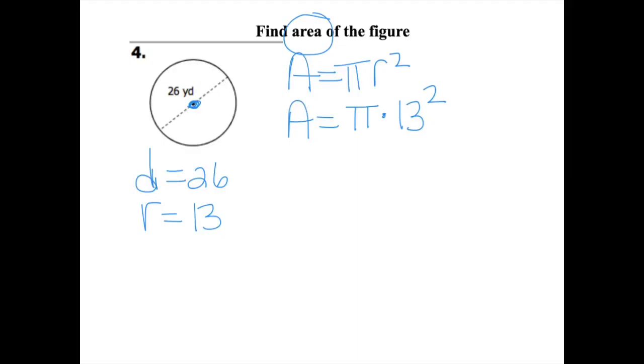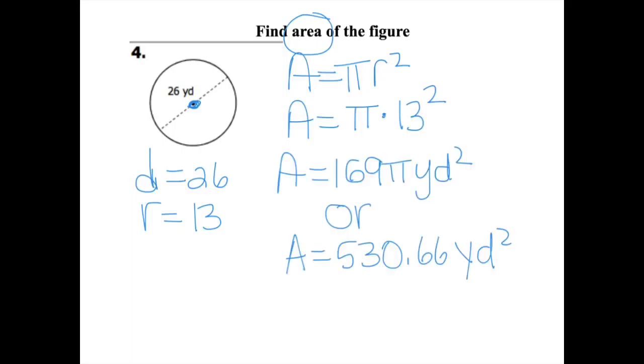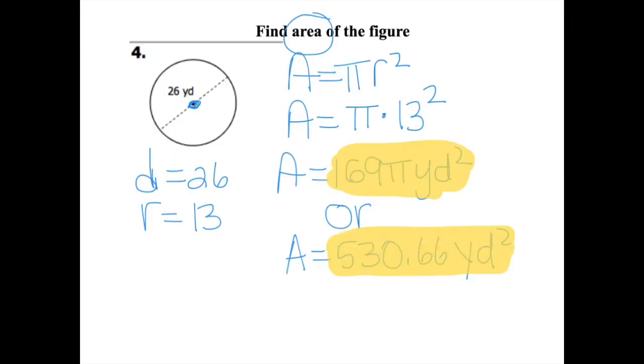Area is equal to pi times 13 squared. We're going to simplify that, and this is what we get. Your final answer can be in terms of pi, which is 169 pi yards squared, or your final answer can be 530.66 yards squared. Either of these would be acceptable answers.